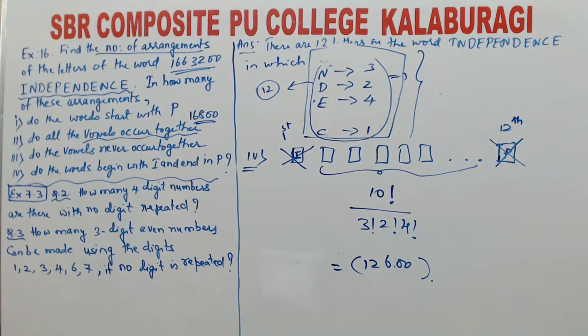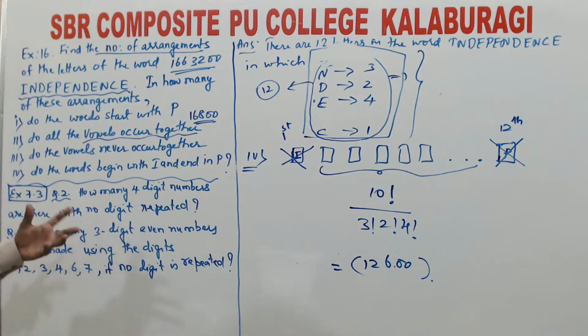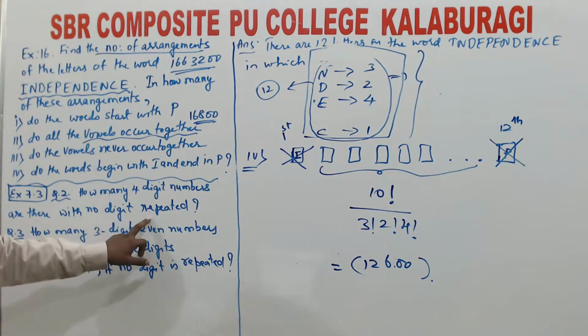Now we shall see exercise 7.3. The first question is written on the board. The question number 2 is: how many 4-digit numbers are there with no digit repeated?